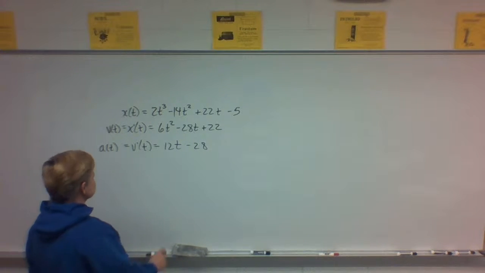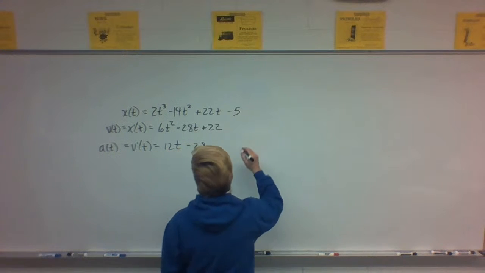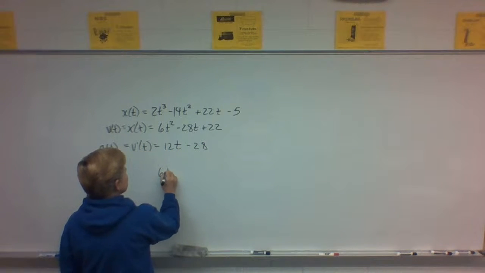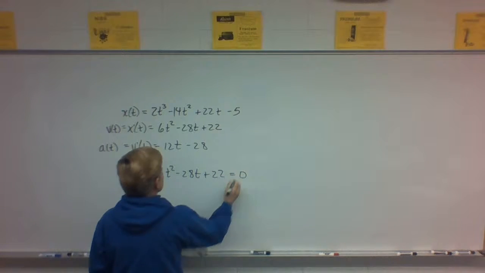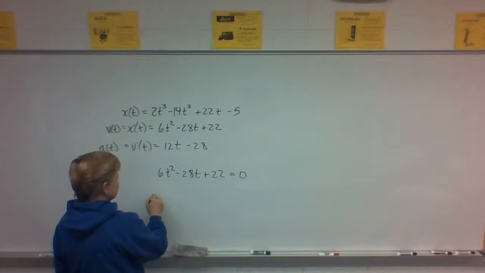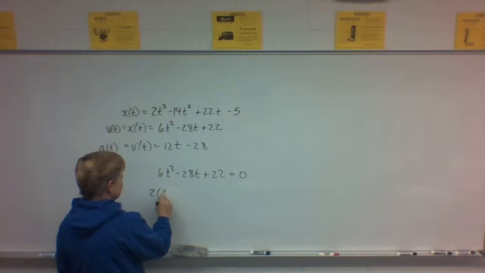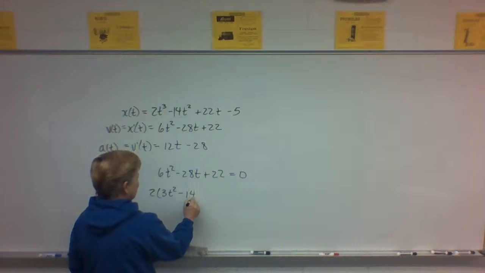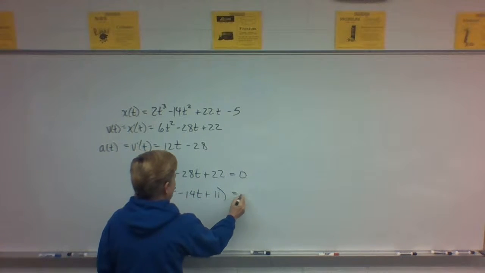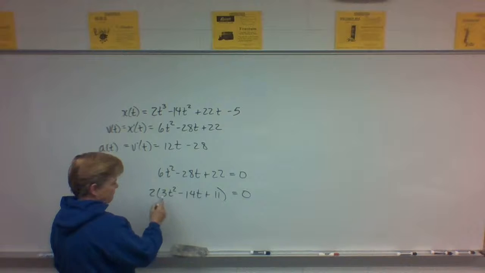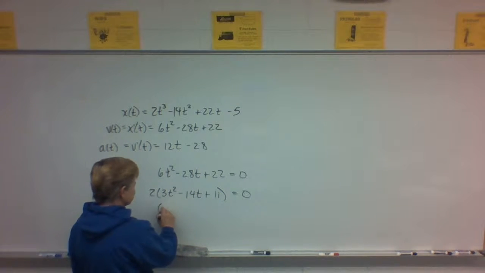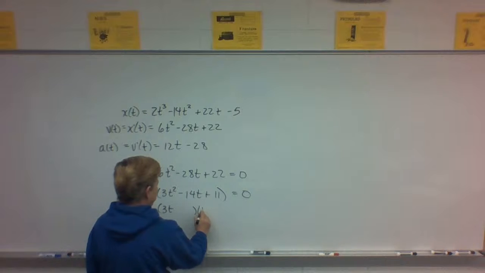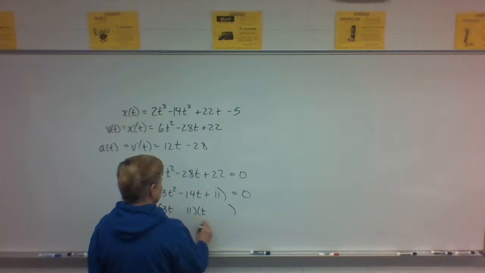Okay, so let's set that one equal to 0. 6t squared minus 28t plus 22 equals 0. Does it factor? Yeah. Let's take a 2 out at least. Three and 11 add up to 14, so there's a good chance it factors. 11 here, 1 here.